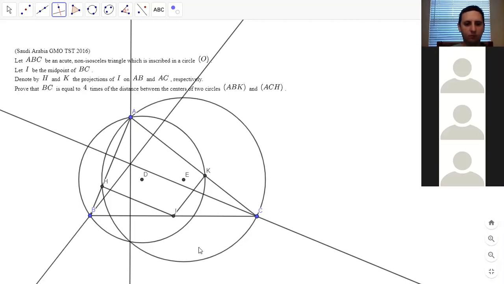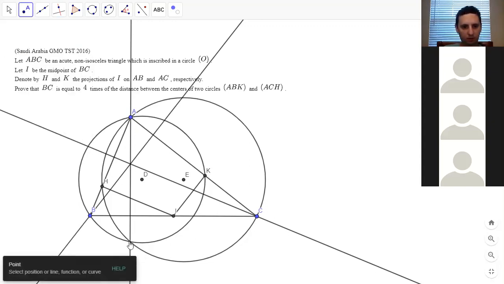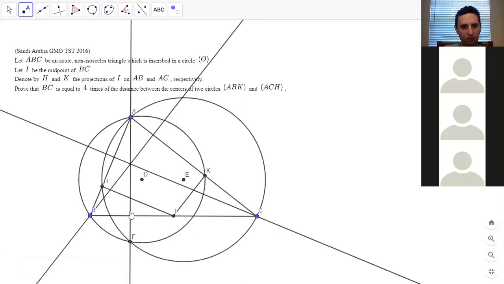Yeah, maybe we can use power of a point by naming the intersection of the circle ABK with BC. Oh, like just name that point. Yeah, and the other one. Or I was thinking we could name the foot of the altitude, and then show it has the same power. Yeah, I think that might be what you're saying.